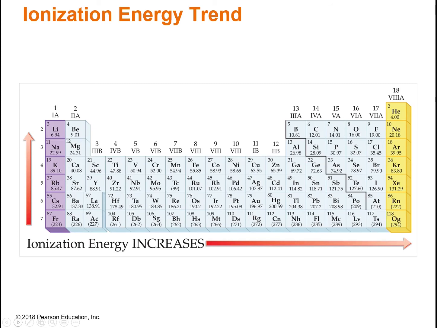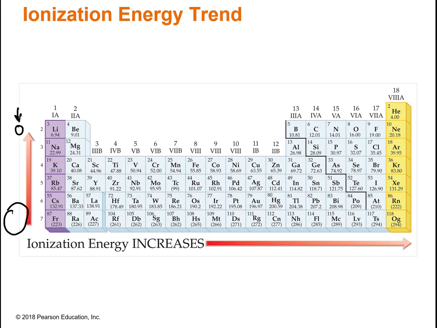And we can actually rationalize why ionization energy increases as you go up a group or across the periodic table. Very briefly, if you think about how far away the electrons are, the electrons are much closer to the nucleus the higher up you are in the group.